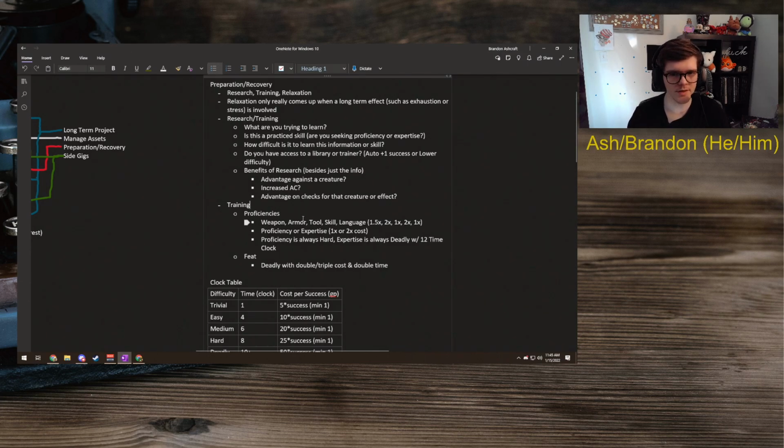I don't know why I would ever want to do that, but let's say I want to. I don't get access to heavy armor unless I take heavy armor mastery. Maybe I just want the proficiency and I don't want the other stuff. Then I would just do this and it would be less cost.